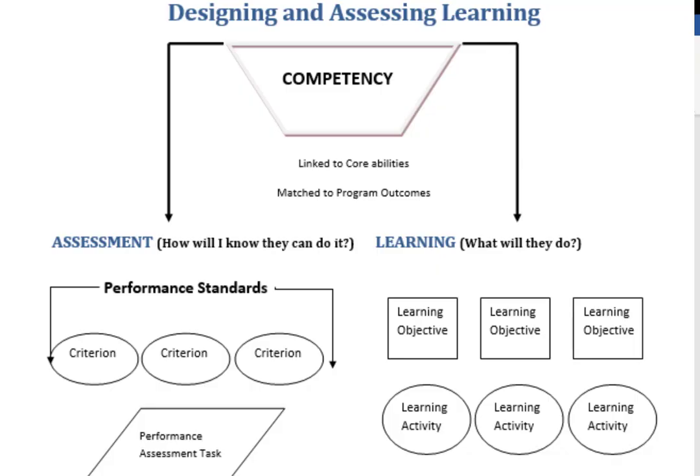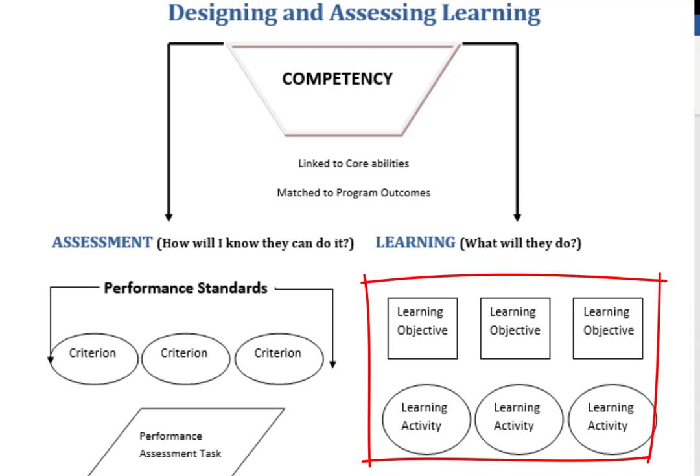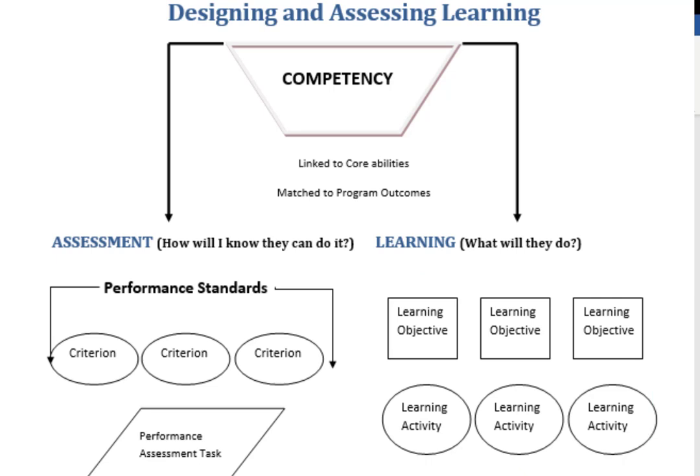The stronger the task, the more you'll be able to develop the specific module level learning objectives and the specific learning activities and the materials that you need in order to have students learn and to teach them how to do those things, how to do a histogram, how to find the measures of central tendency, how to find a standard deviation. So all of that builds from the competency and the matching performance task or assignment.